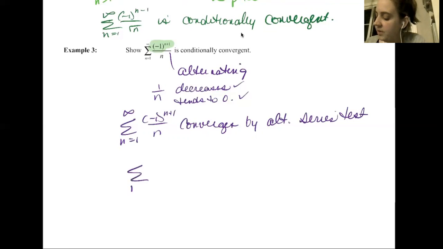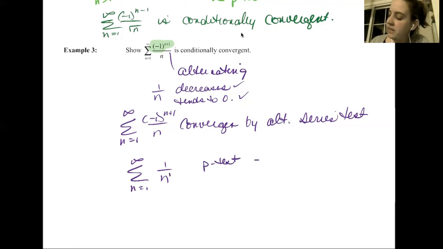So then look at the always positive one, 1 over n. And we actually talked about this 2 lessons ago. This one, you can use the p-test. And if this exponent is a 1, it diverges. You also have a second one, and some students always feel a little bit more comfortable with this.